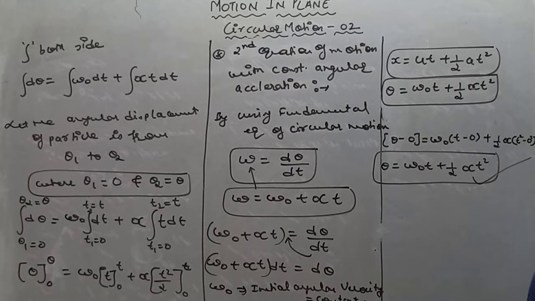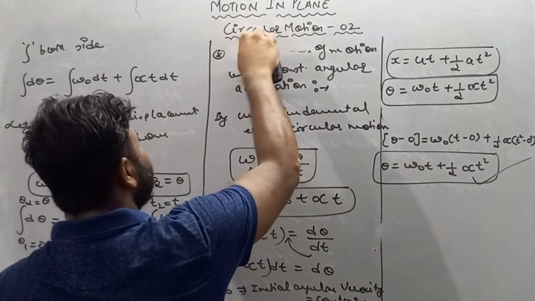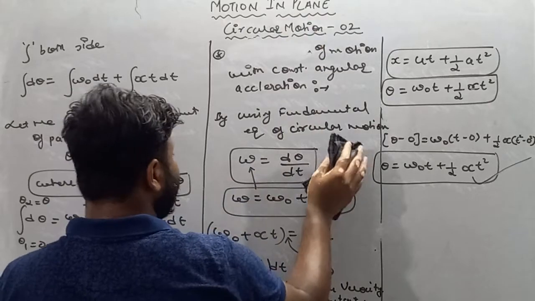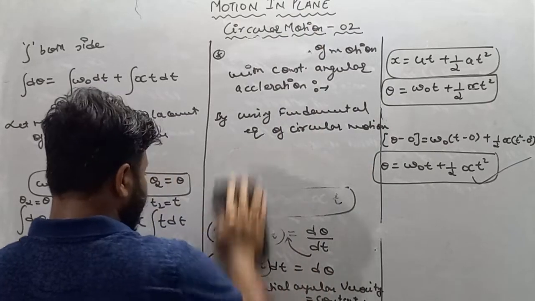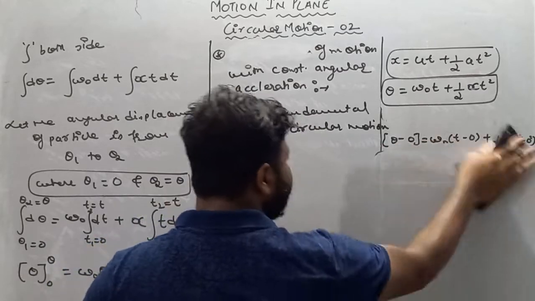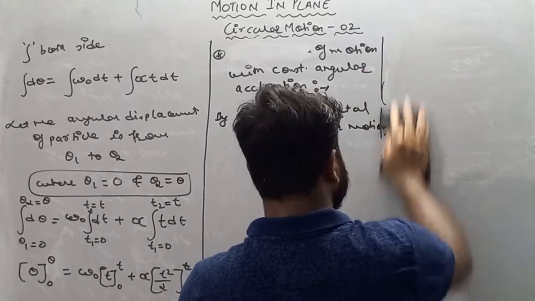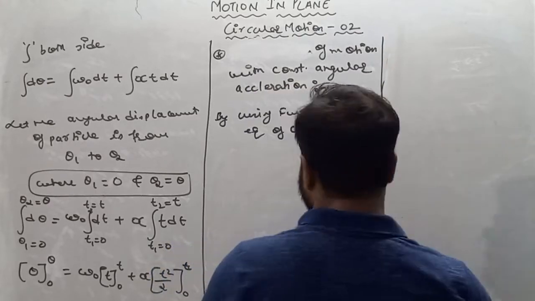It is the third equation of motion with constant acceleration. So I hope you all understand the second equation of motion. Now moving forward, we are discussing the third equation of motion with constant, I'm sorry, constant angular acceleration.